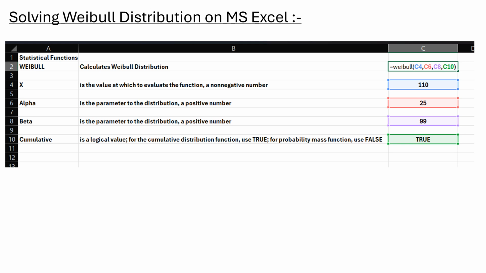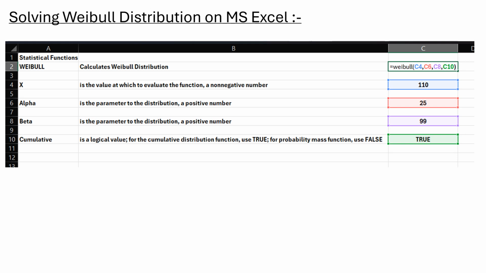X is the value at which we have to evaluate this Weibull distribution, which is a non-negative number. Alpha is the parameter of the distribution. We know what it is. So here in the context of MS Excel, we are just supposed to say that it is a positive number. The property of it being a positive number is to be defined very clearly, very succinctly.